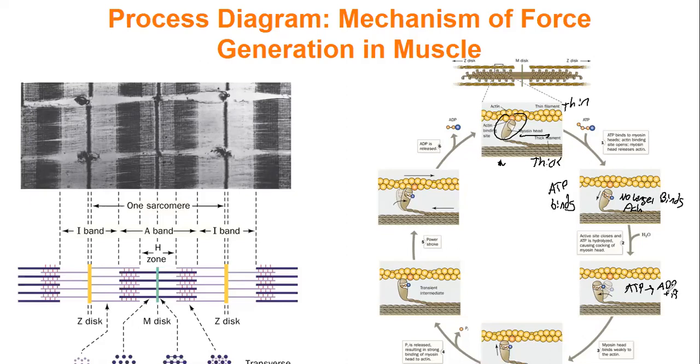And during that hydrolyzation event, the myosin head will move. When ATP goes to ADP, our myosin head shifts position, right? After that event, our myosin head will rebind actin. And it will release phosphate. So it will release the phosphate it cleaved off of ATP.